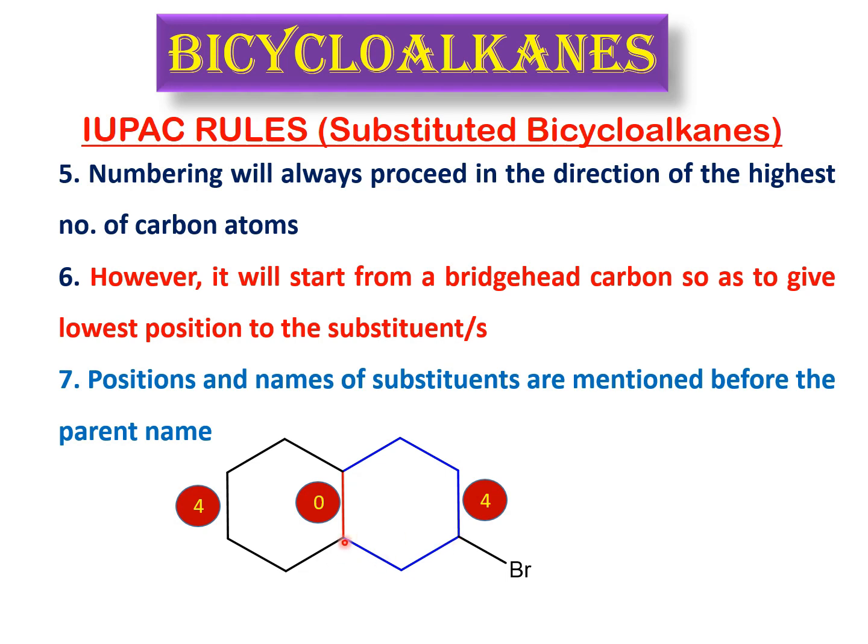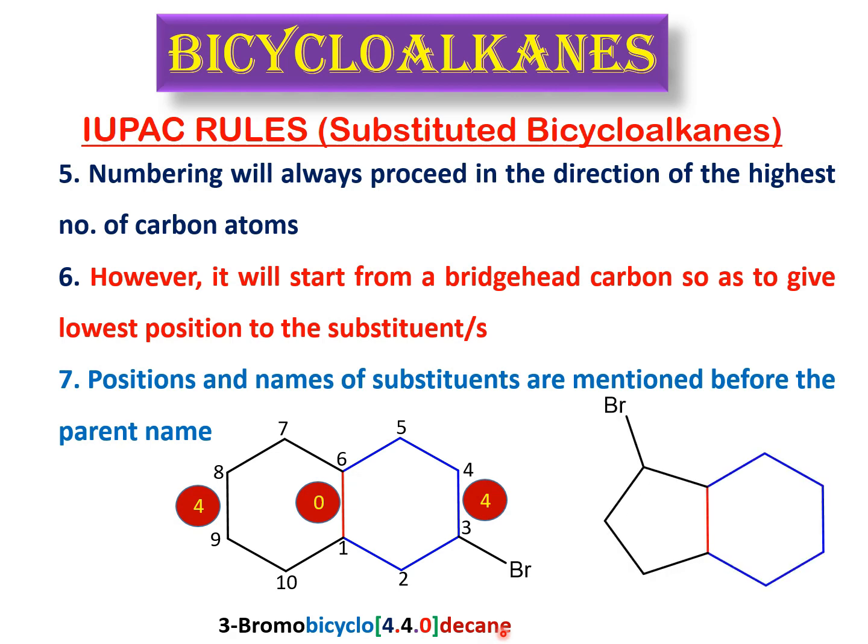So we start from here and we proceed in this direction. So this will be the correct numbering, and now you can see bromine falls at 3. So this would be 3-bromobicyclo. In the square brackets you write 4, 4, 0, and because it has 10 carbon atoms, the name is decane.